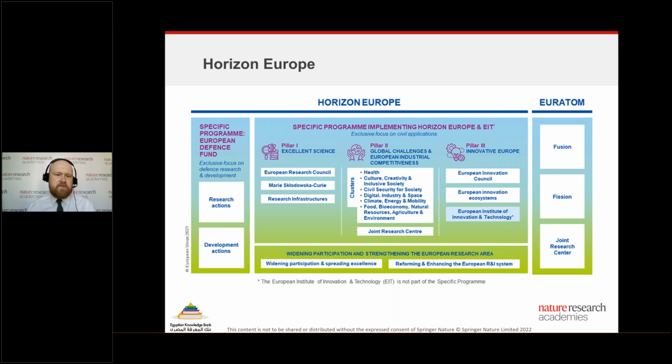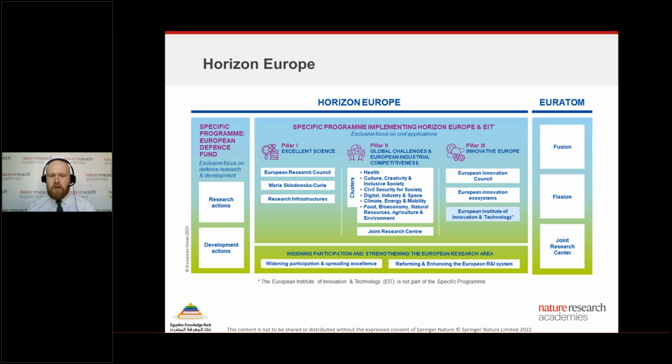So this is the framework for Horizon Europe. There are three main parts, which are commonly called pillars. Because it is so huge and there are so many different opportunities, today we're not going to be able to cover all of these, but I did want to highlight the most relevant pillars for Egyptian researchers seeking funding in science research.